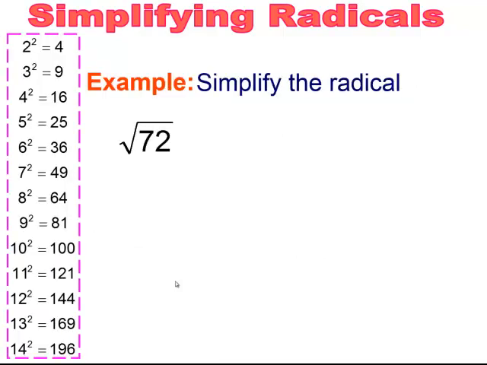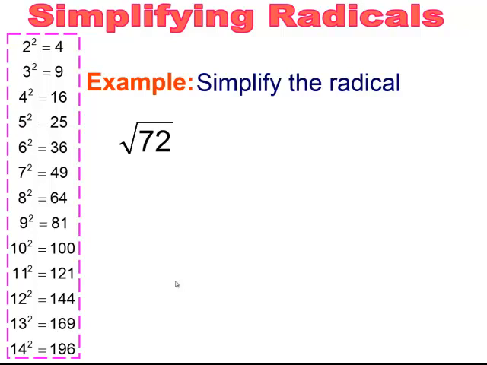Here's an example where I have the square root of 72 and I'm asked to simplify the radical. The first thing I'm checking is whether what's under the radical is a perfect square. I look at my list, and I see is 72 in the list, and it's not. So 72 is not a perfect square.